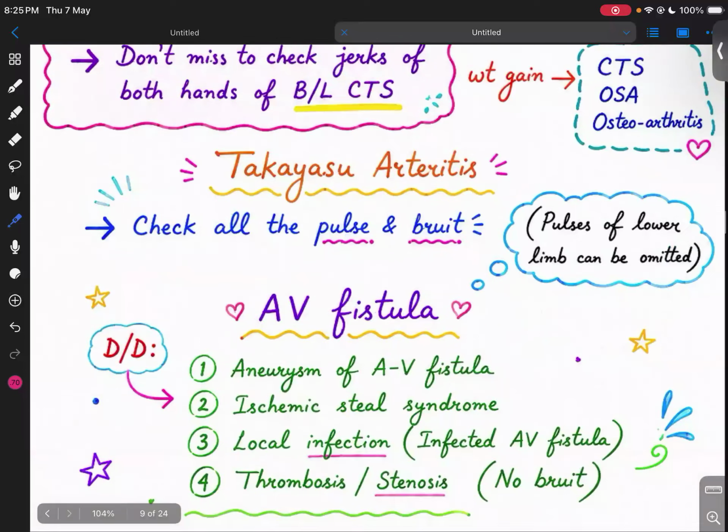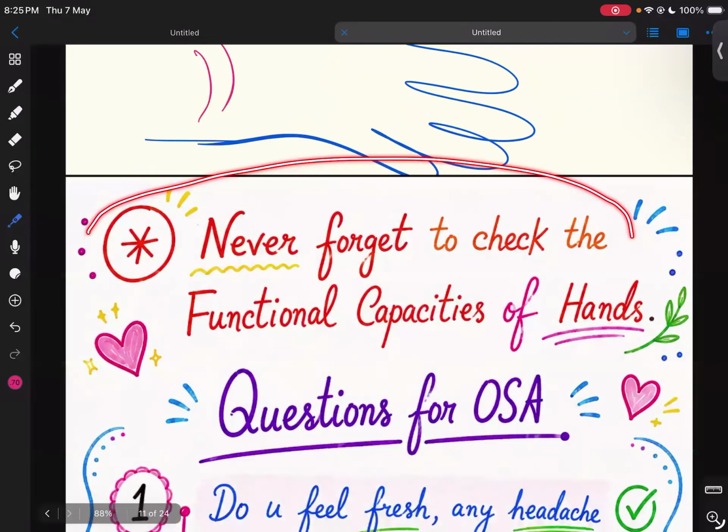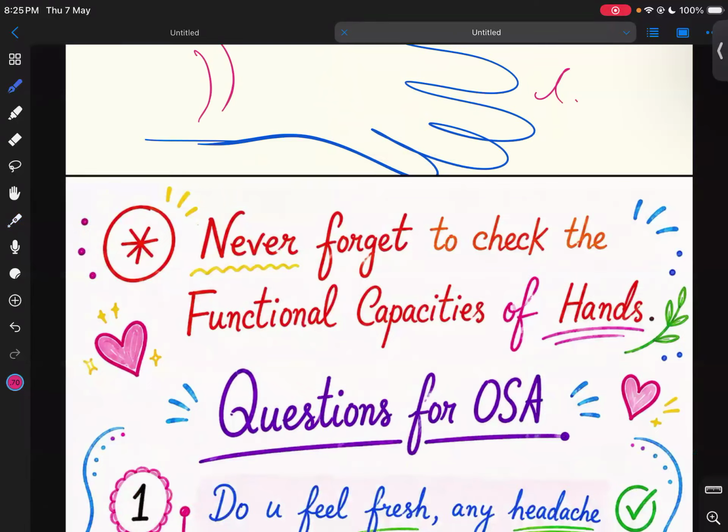So these are the causes of hand pain that have come in the PACES exam up to now in the last 5-year period. And for any kind of pain, like hand pain, in the physical examination, never ever forget to check the functional capacities of the hand. Because if you remember the CCCA formula, we have to rule it out from the history, from the physical examination, and also from the investigation.